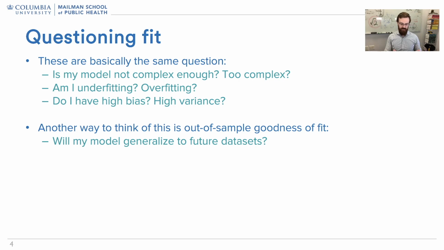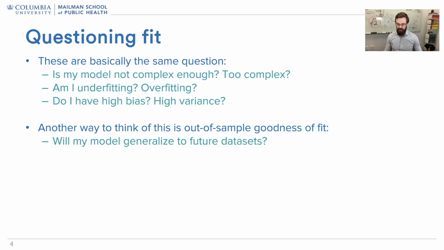If you have a model that isn't complex enough, then you're missing patterns in the data that exist. And if you have a model that's too complex, you're chasing individual points that are really random fluctuations. That's very similar to saying, am I underfitting? Is there some pattern that I need to get and I'm not quite fitting enough? Or am I overfitting? Am I chasing randomness? Do I have high bias? Do I have high variance? These are all very similar questions.